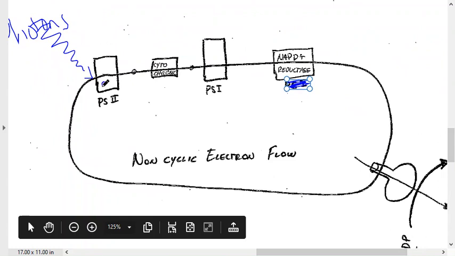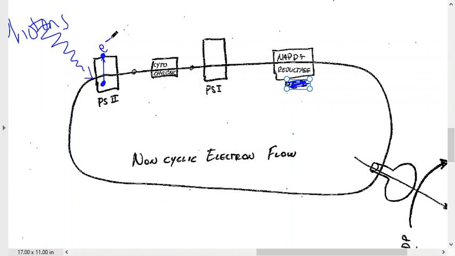Photons come in. They are going to excite electrons. The electron is going to get passed to the next nearest electronegative thing, so cytochrome. That's going to cause a conformational shape change in that enzyme, and that's going to pump a proton into the thylakoid space. The electron continues to move into photosystem 1.